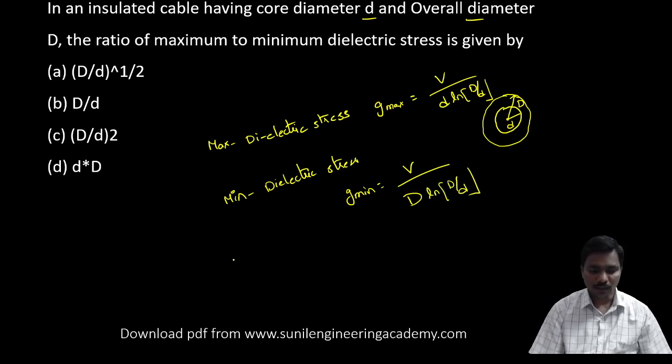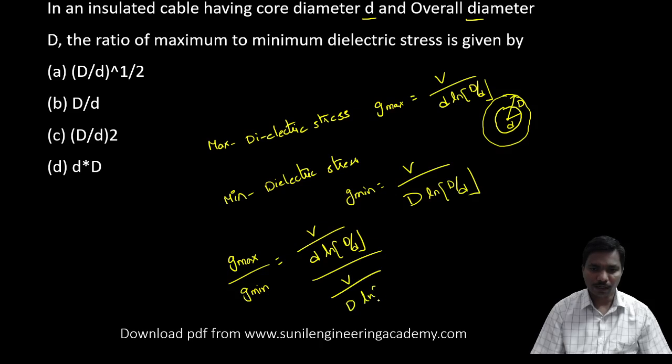So they are asking for the maximum to minimum ratio. So maximum: V by small d ln of D by small d, divided by V by capital D ln of capital D by small d.